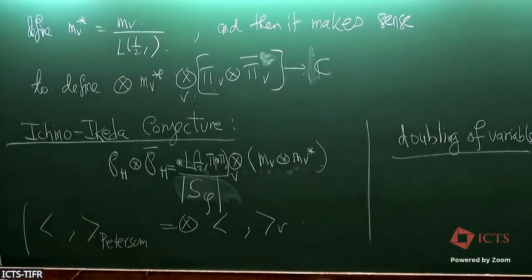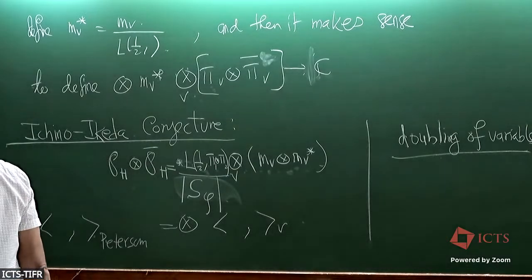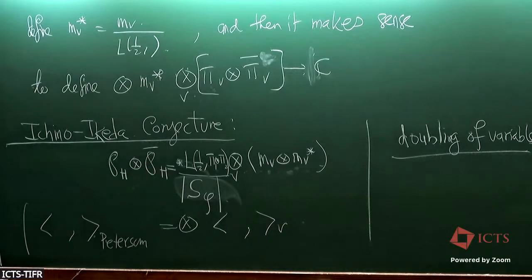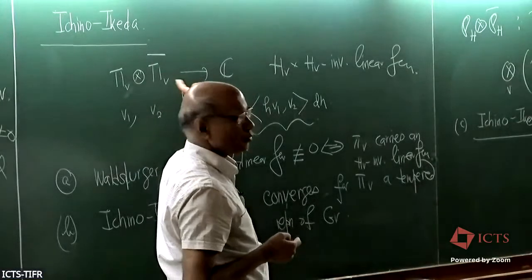The space of functions that one is talking about, once you have the unitary structure on the representation, these are canonically defined functions, and the integral makes sense, and that defines your invariant linear form.